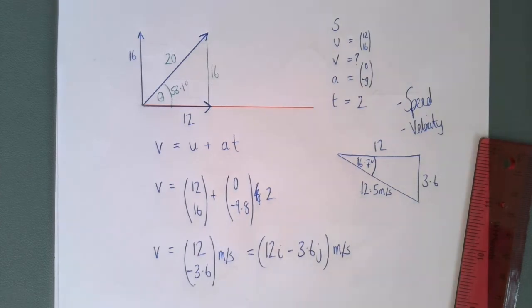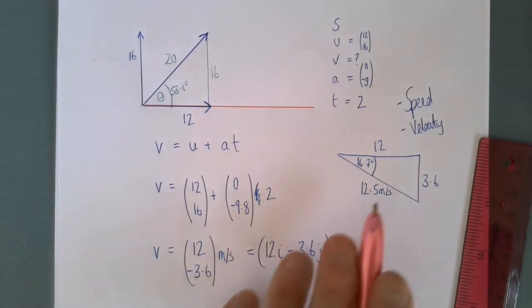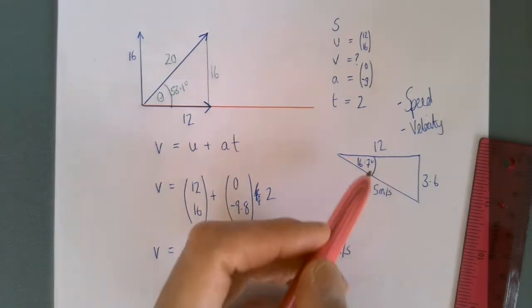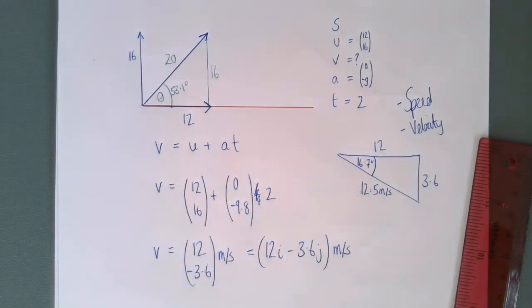So vector questions will tend to talk about velocity if they want the answer in vector form, and speed if they want you to go through the process of turning that into that. And be clear that question one, the question we're actually doing at the moment, doesn't ask for that. So I've only just done this bit as a little optional extra.